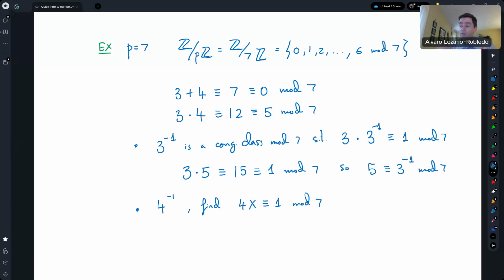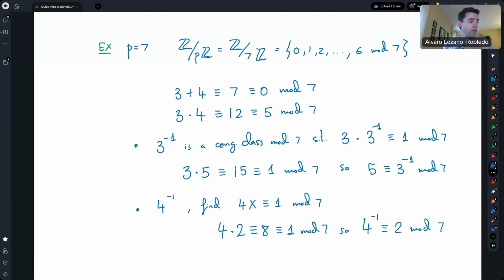But I can eyeball it here: 4 times 2 is 8, and 8 is 1 modulo 7. So 4 inverse is 2 modulo 7. Okay. Very good.